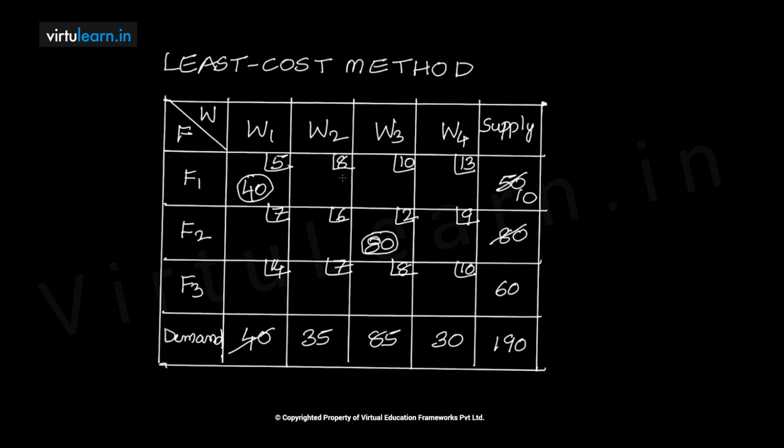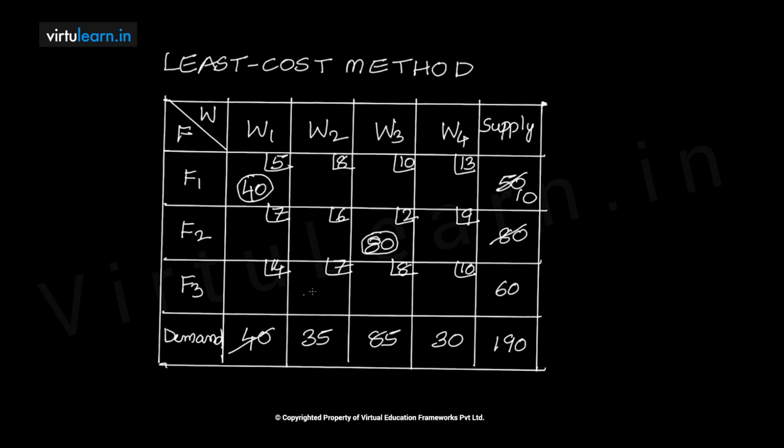Among the other costs, 8, 10, 13, 7, 8, 10, 7 is the lowest one among the available cells. So here we need to make allocation. The requirement for W2 is 35 units and 60 units are available from factory 3.